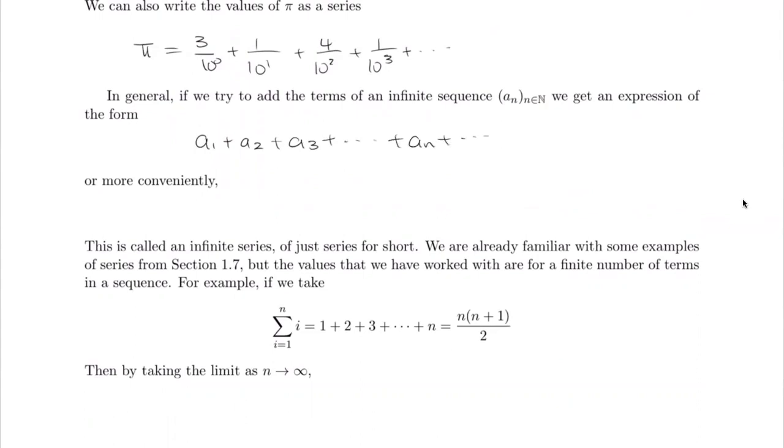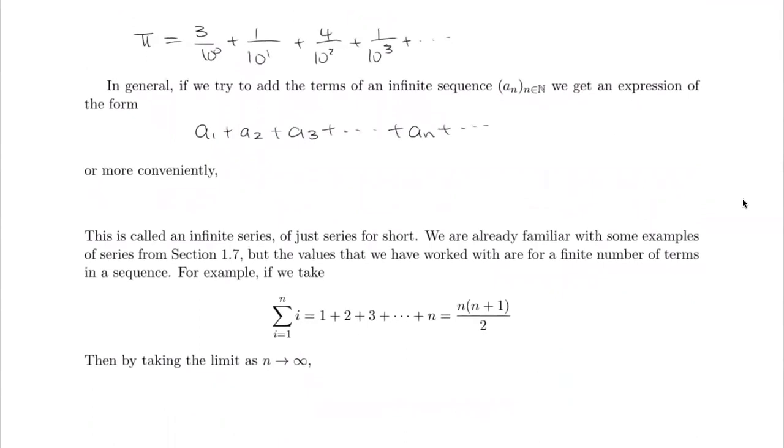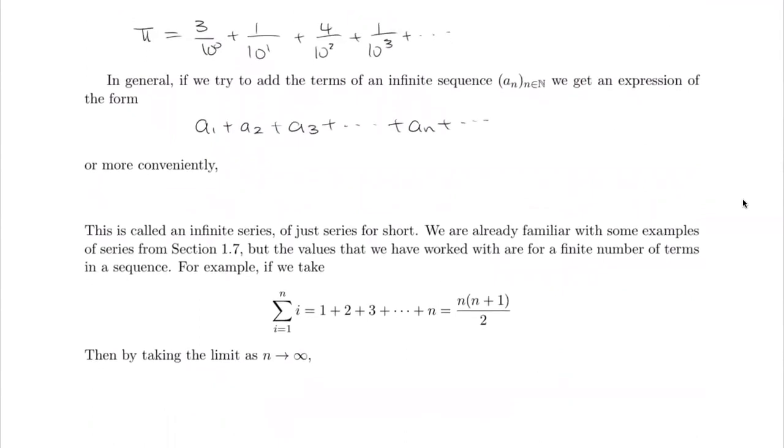Or we could express this using the sigma notation we looked at back in the first chapter, as the sum from n equal to 1 to infinity of an, which has the exact same representation as the one above. This is called an infinite series, or just series for short. And we're already familiar with some examples.